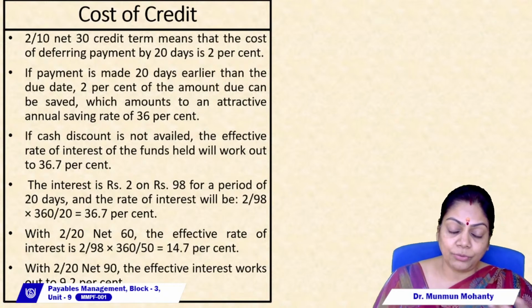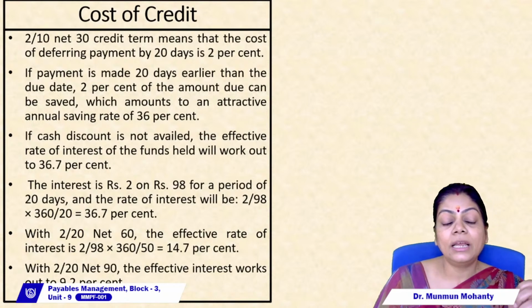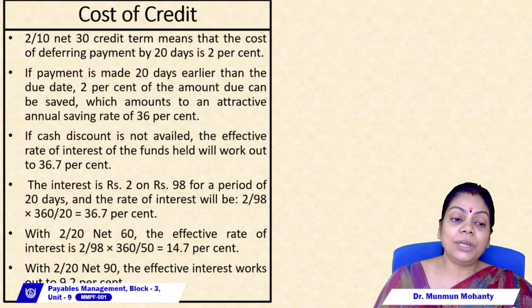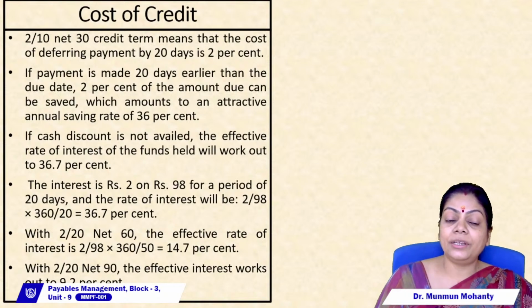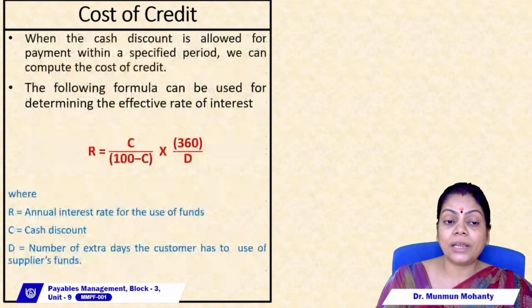We'll plug those values into this particular formula and see how that works out. Now if you don't avail the cash discount, as per this formula, C is 2, the denominator is 98, into 360 divided by D, which here is 20.